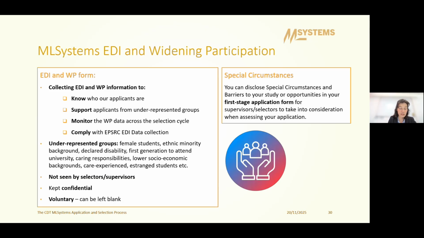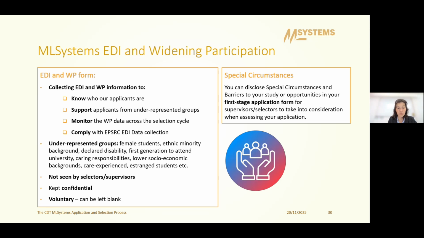On the CDT Machine Learning Systems, we are well aware that not every student has had the same chances in their life, and we are committed to widening the diversity of our cohorts. For this, we have an EDI and widening participation form through which we collect information from our applicants.